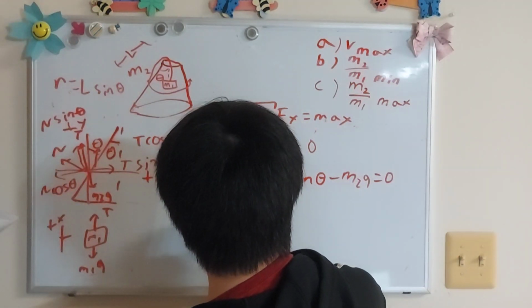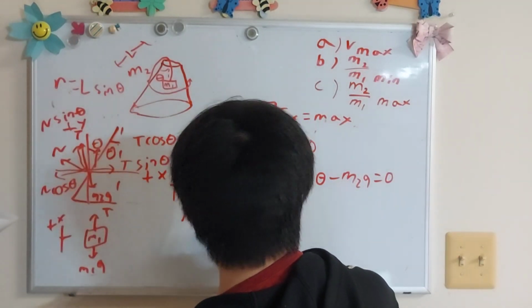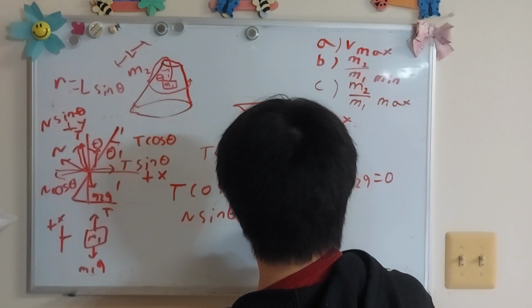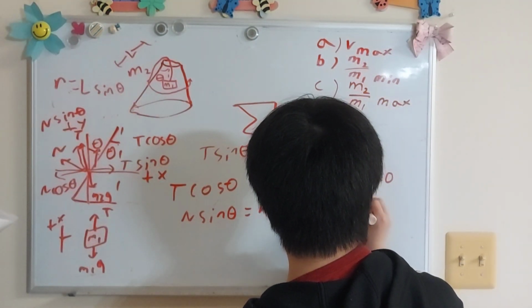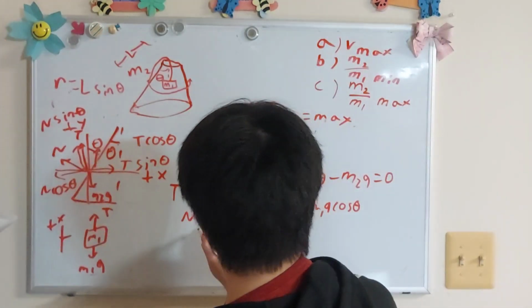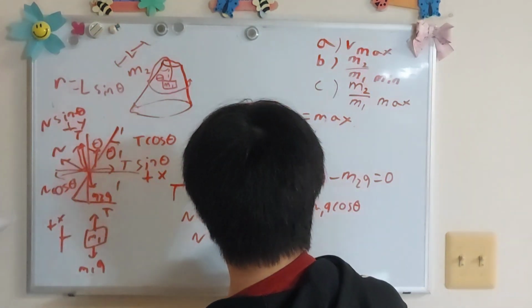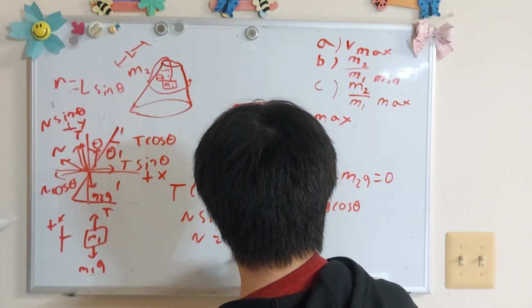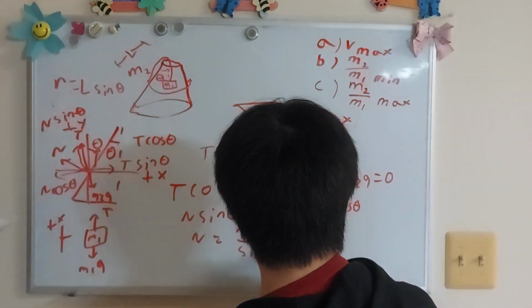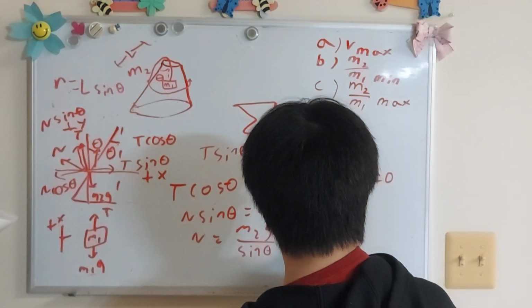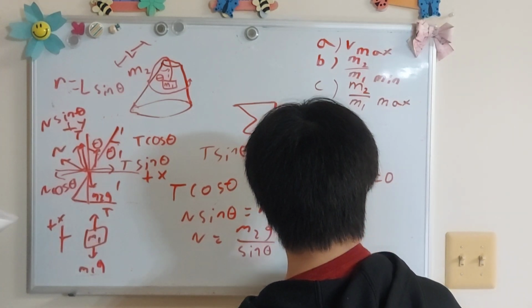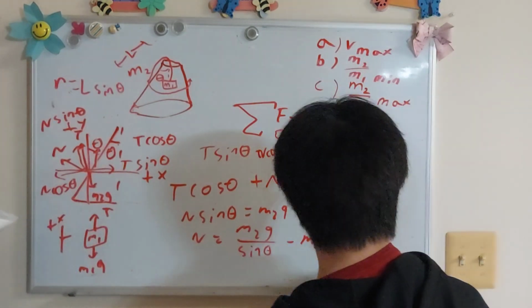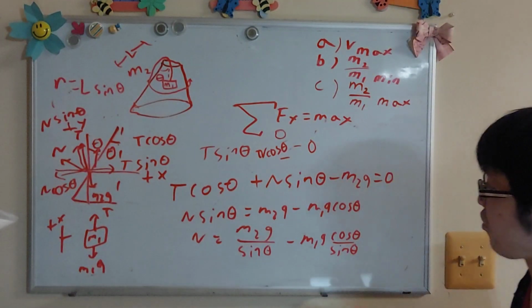We get that N sine theta is equal to m2g minus m1g cosine theta, which means that this is our normal force.